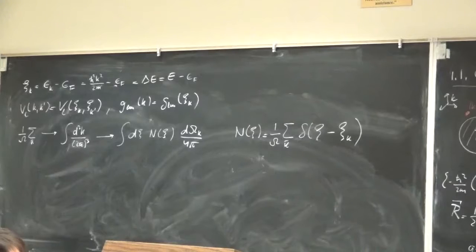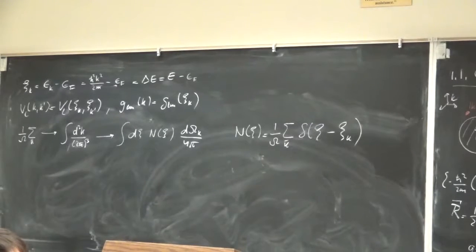For the spherical harmonics, we have this orthogonality relation: if I integrate over the angular part the product of two spherical harmonics with the same argument but with different indices L, M and L prime, M prime, these orthogonality relations are satisfied.